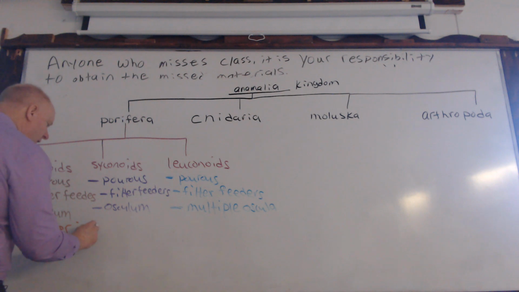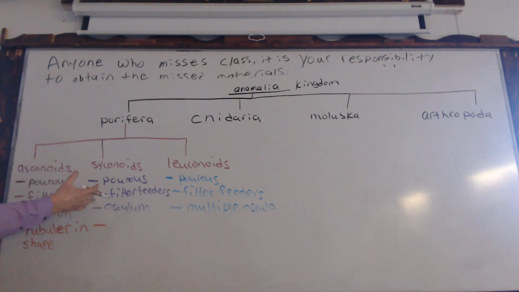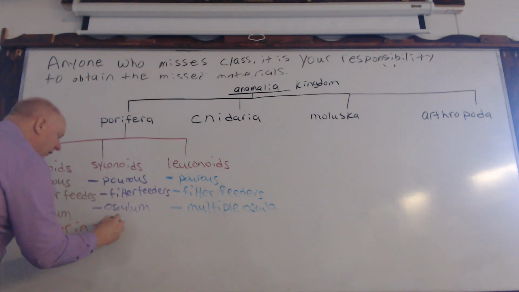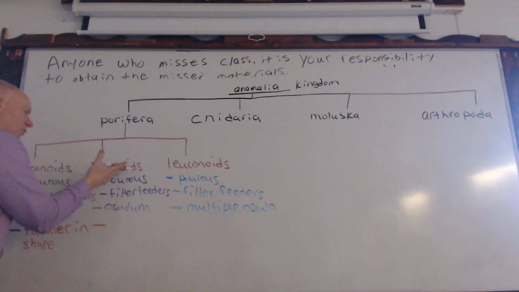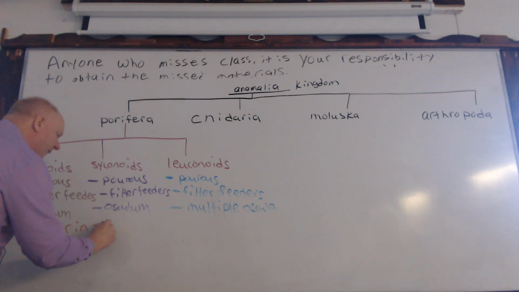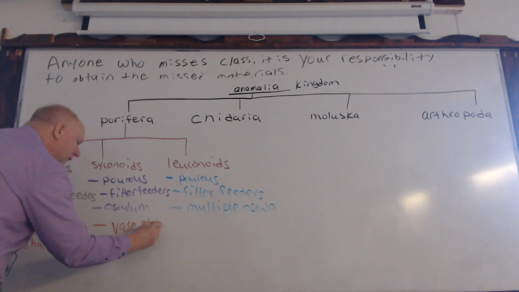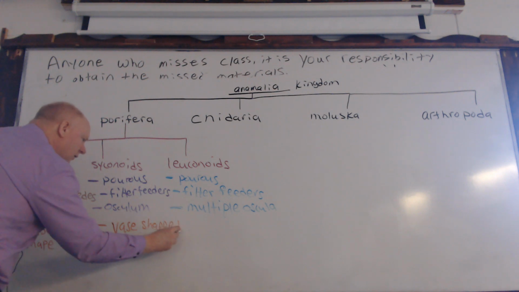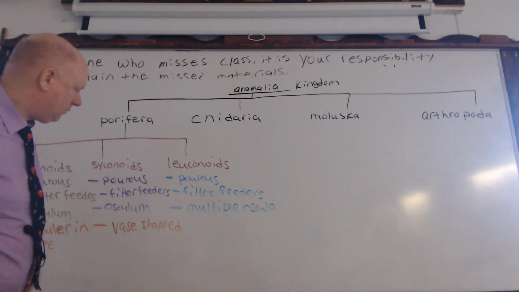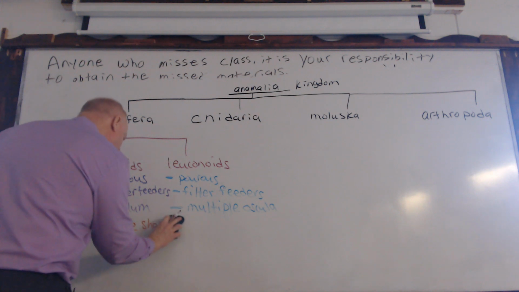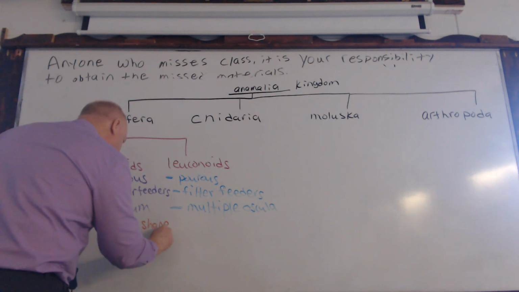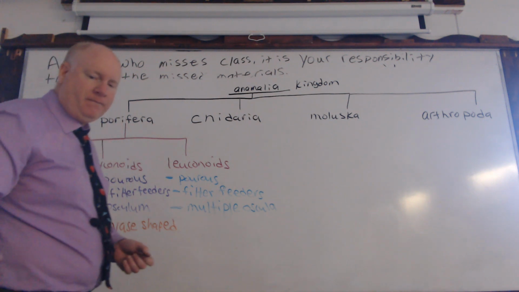And then for this, how we want to differentiate between the leuconoids and the asconoids, and I think this makes the most sense. And this is what we would typically draw. We're going to put vase shaped. There's only one P. Okay.